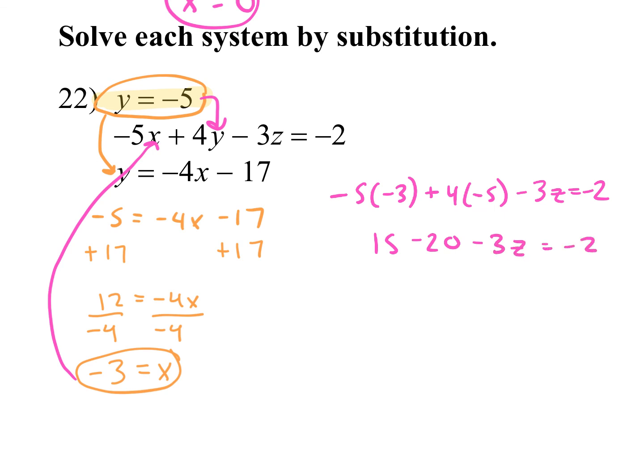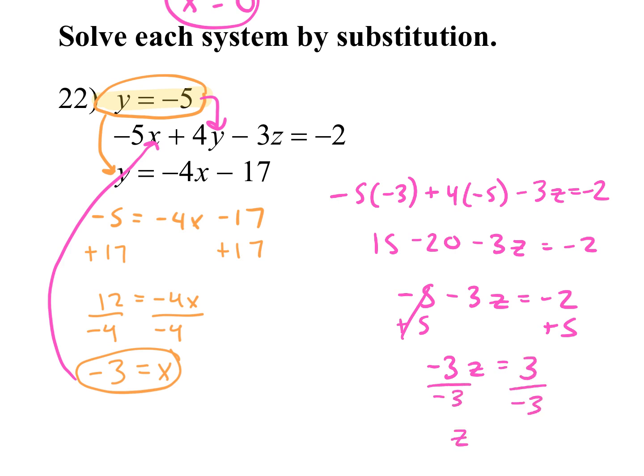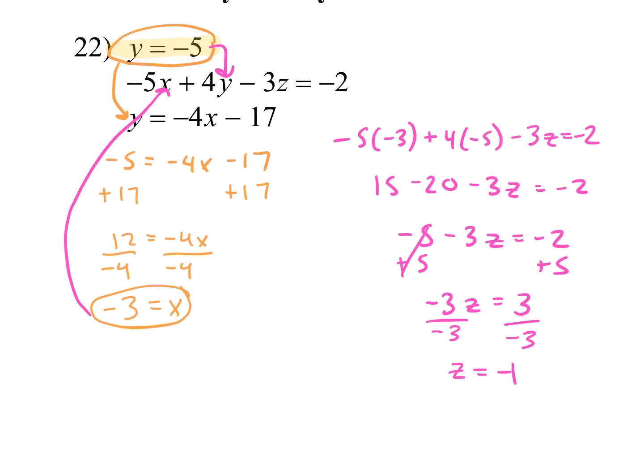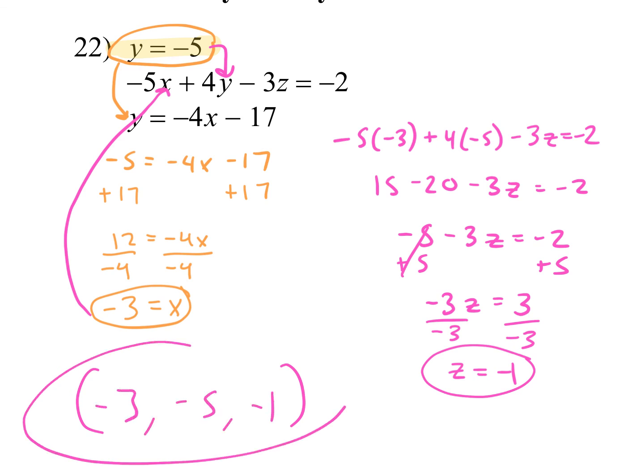So negative 5 minus 3z is equal to negative 2, and then you add the 5 to the 2. So it would be 3. And then you divide by negative 3, and then you get negative 1. Awesome. So how do I write my answer? Negative 3, comma, negative 5, comma, negative 1. Perfect. X, Y, Z.